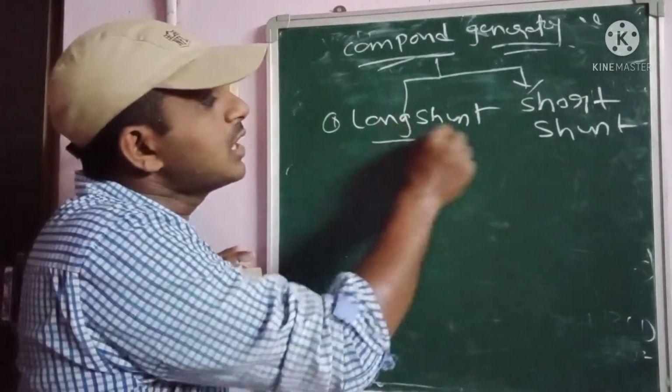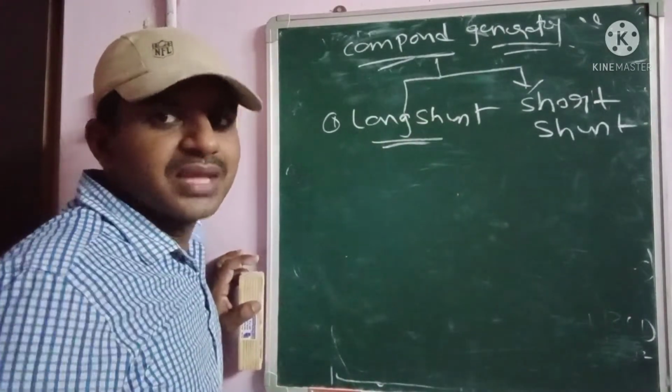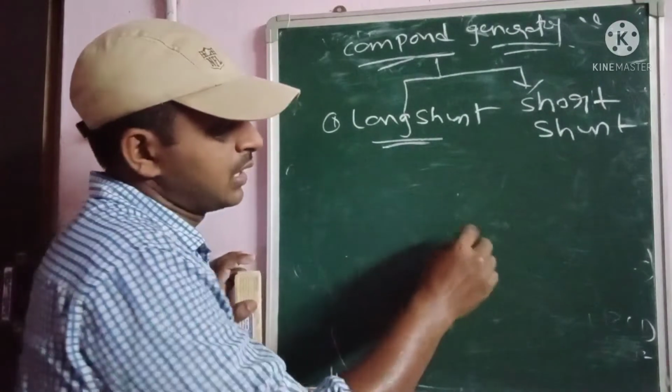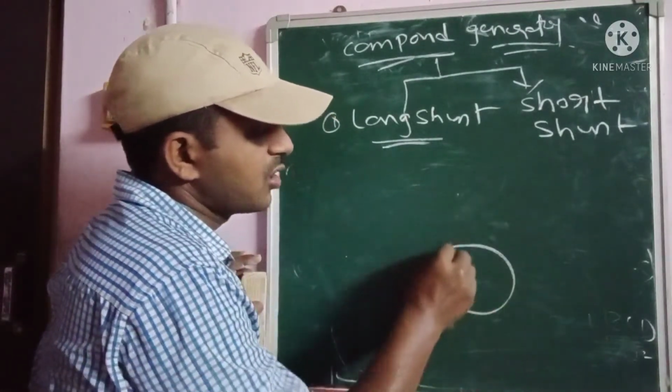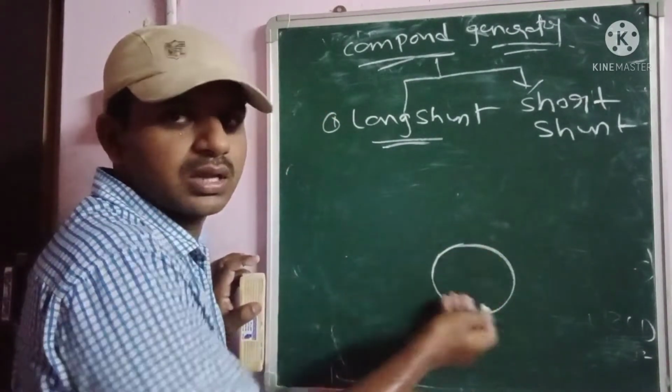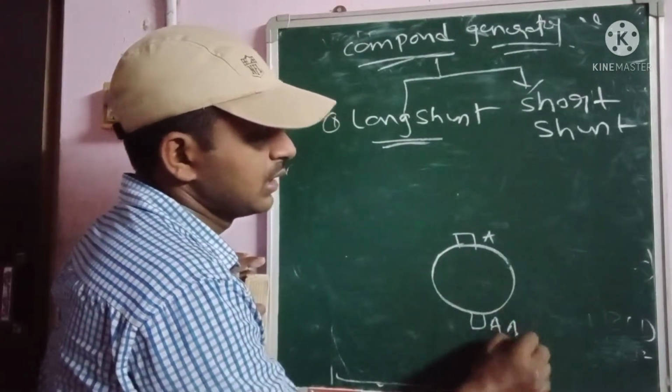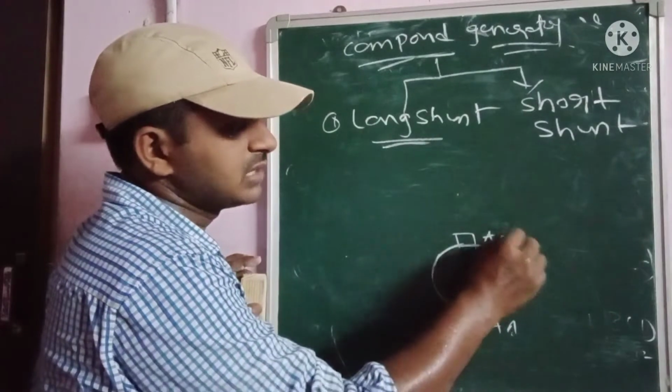So coming to the long shunt compound generator, here we have to draw the overall diagram. This is the generator rotor. The rotor contains armature terminals A, as well as some brushes.